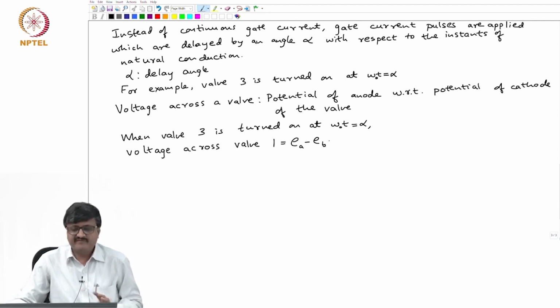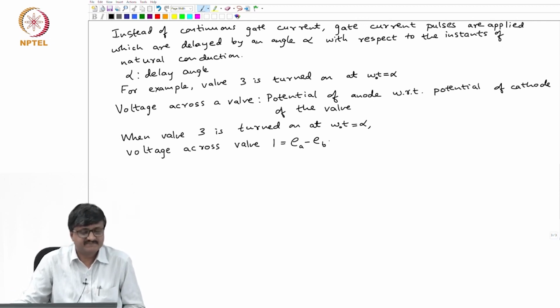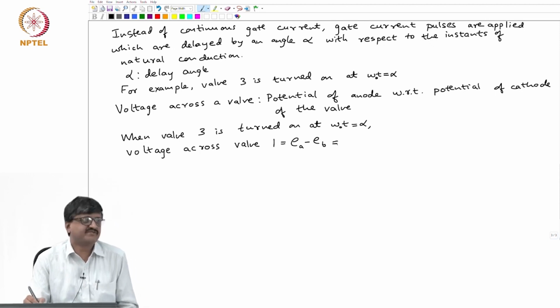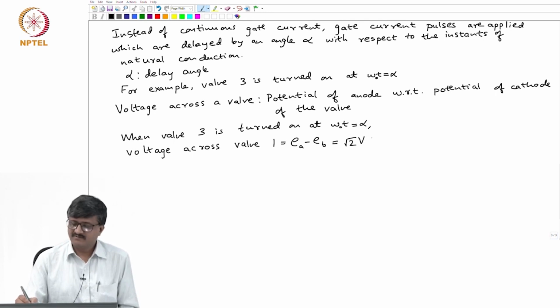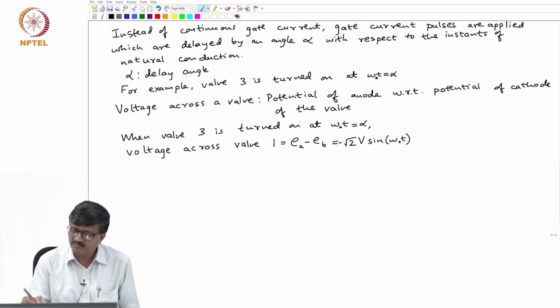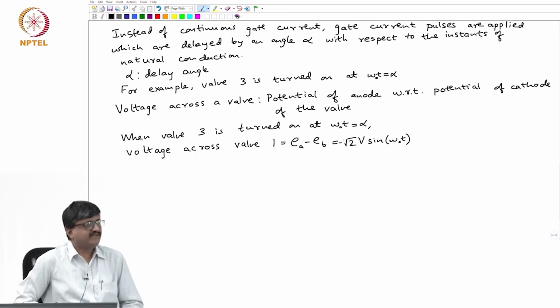EA is having a phase angle 150, EB is having a phase angle of 30. Please note EA minus EB is a line voltage, so the peak value is root 2 V. Can I say that it is minus root 2 V sin omega_o t?